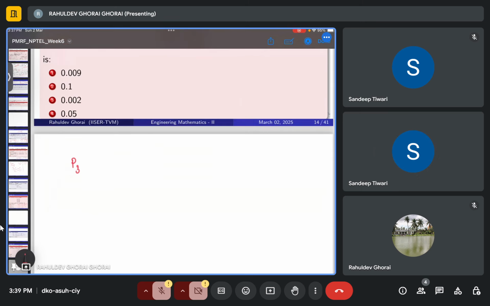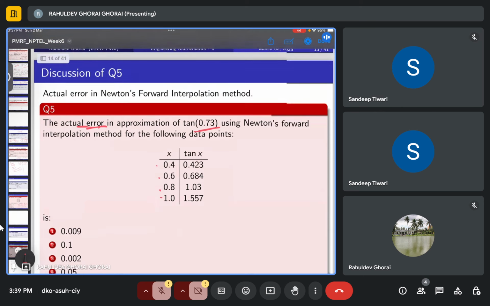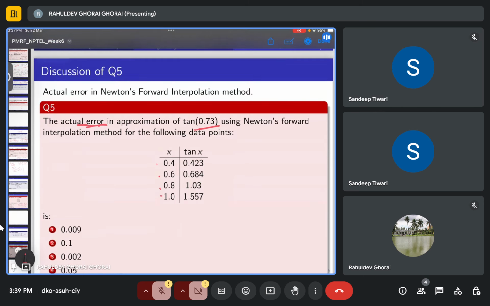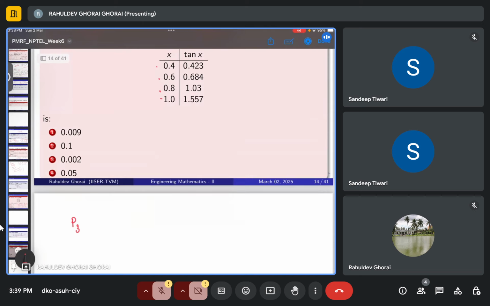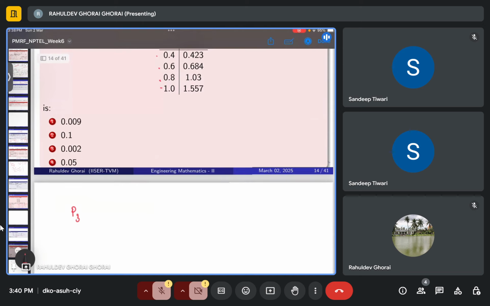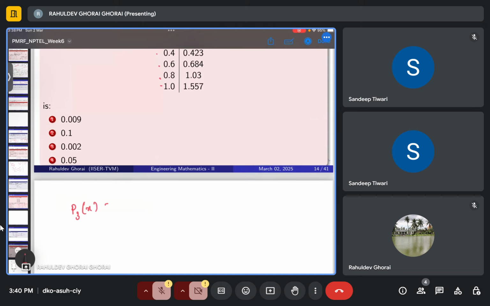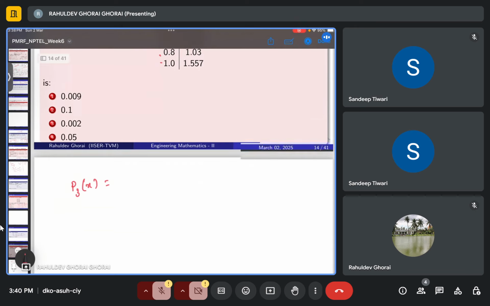The formula will be this, Newton's interpolation method. So 4 points are there, so we'll use the P3 polynomial, a third order polynomial, right?